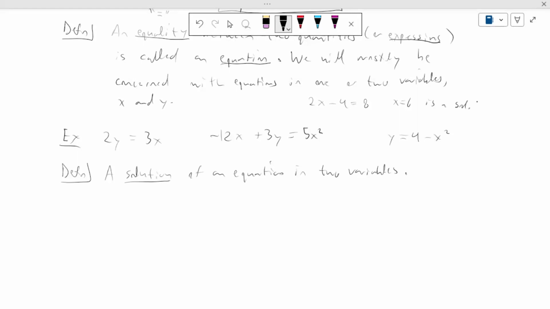So what is a solution of an equation in two variables then? Let's say that the variables are x and y.